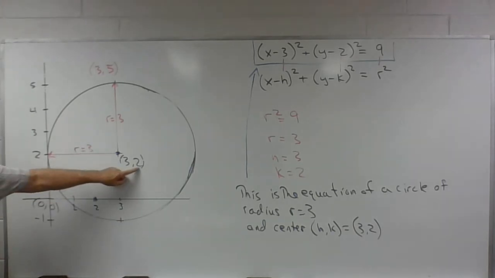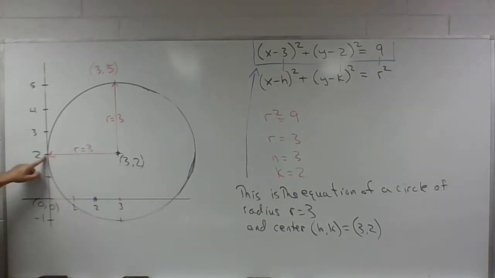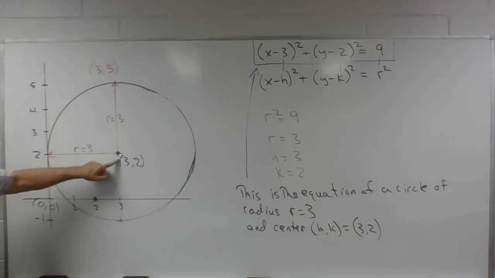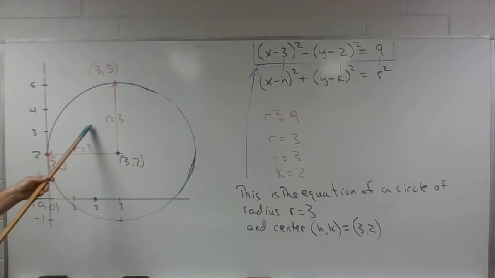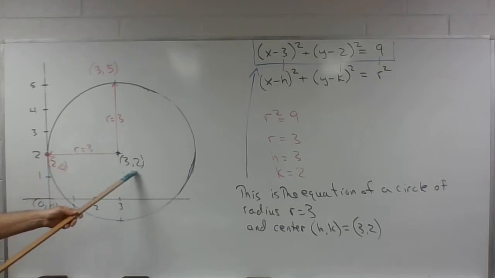The y-coordinate is going to stay the same at 2, but we're going to start at x equal 3 and go 3 units to the left, so we're at the point (0, 2). Yep, that looks good. This is our circle of radius 3, centered at (3, 2).